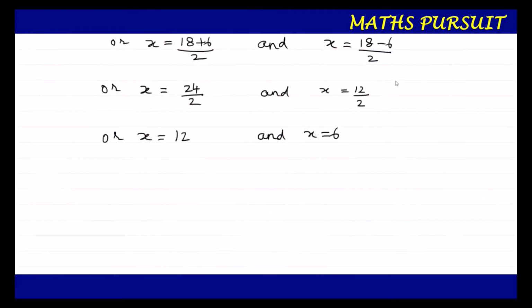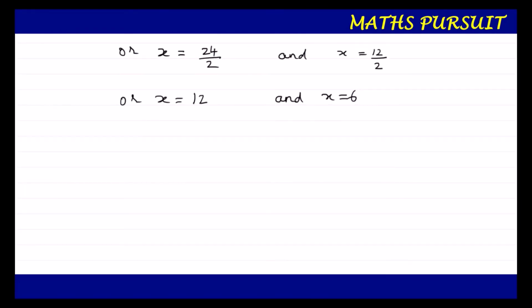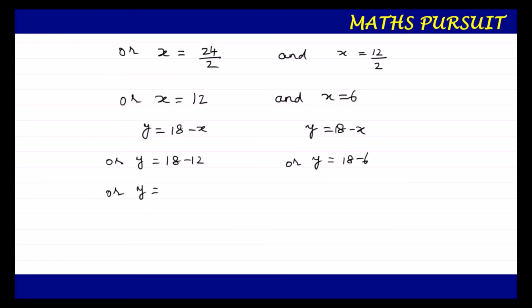So y = 18 - 12, and similarly y = 18 - 6. So y = 18 - 12 = 6, or y = 12.